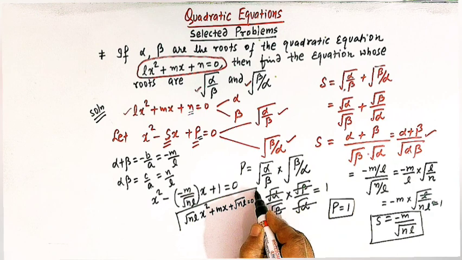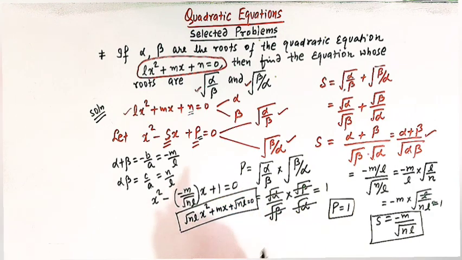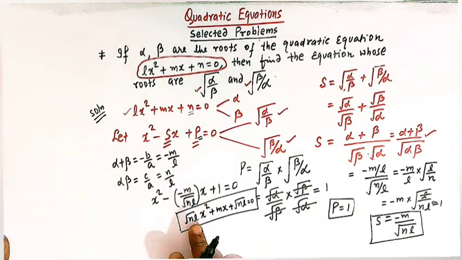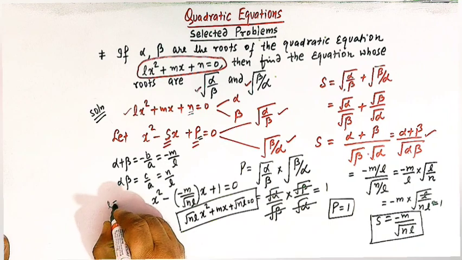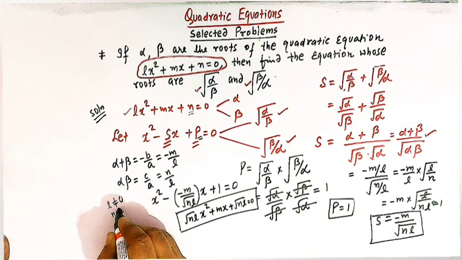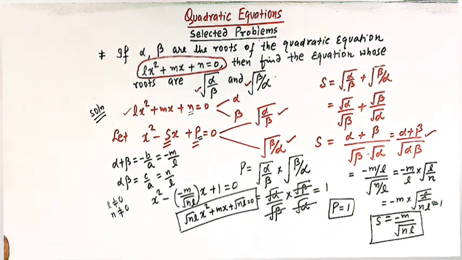So this is our required quadratic equation. And here obviously n and l are not equal to 0, right? So l is not equal to 0 and n is also not equal to 0.